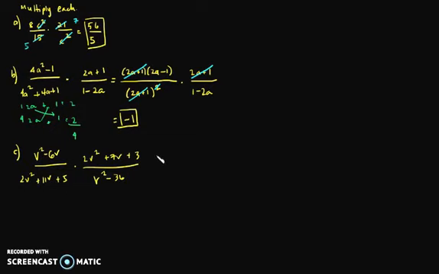By applying what we have learned in factoring, we can proceed with this one. We can factor out b from the first numerator, that gives me b times b minus 6.